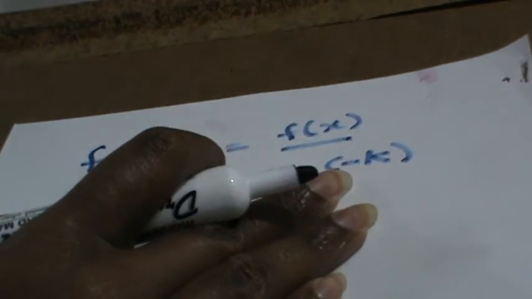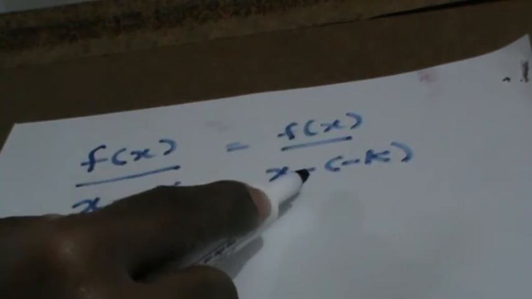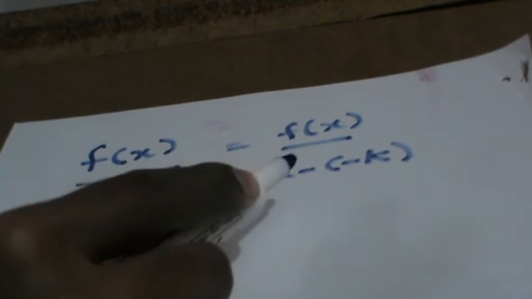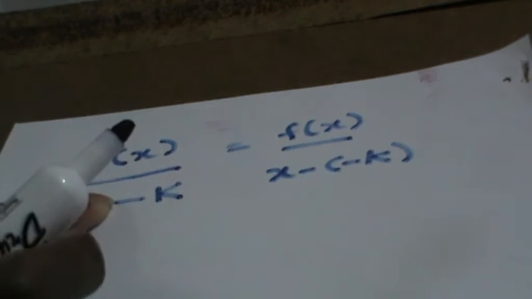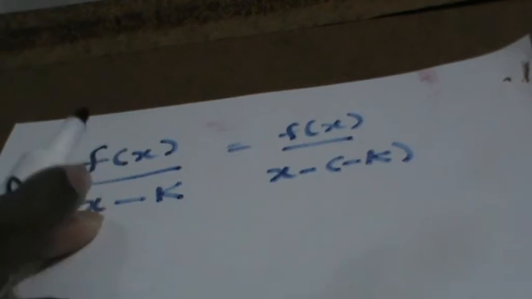If you have x plus k, you have to write it as x minus k, so f(x) divided by x minus k in the case of positive ones. However, when you divide f(x) by x minus k, the remainder is equal to f(k).